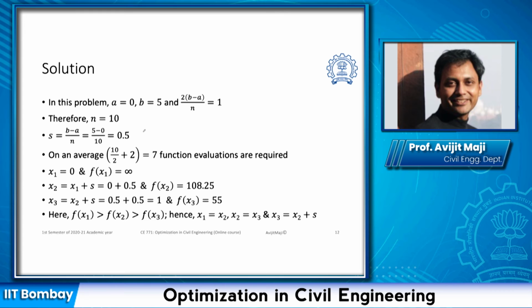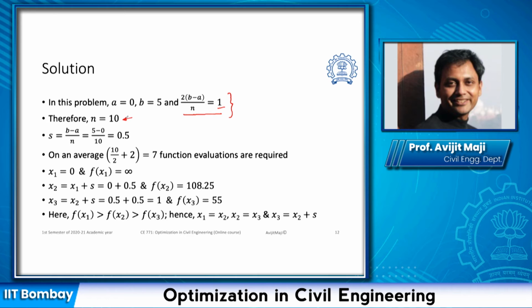First we need to find out the maximum number of iterations we may need to reach the accuracy we intend. In this case the accuracy intended is 1, and if we equate it to twice the step size, if you recall, then we can get the accuracy. From this case we can find out the n value is going to be 10.